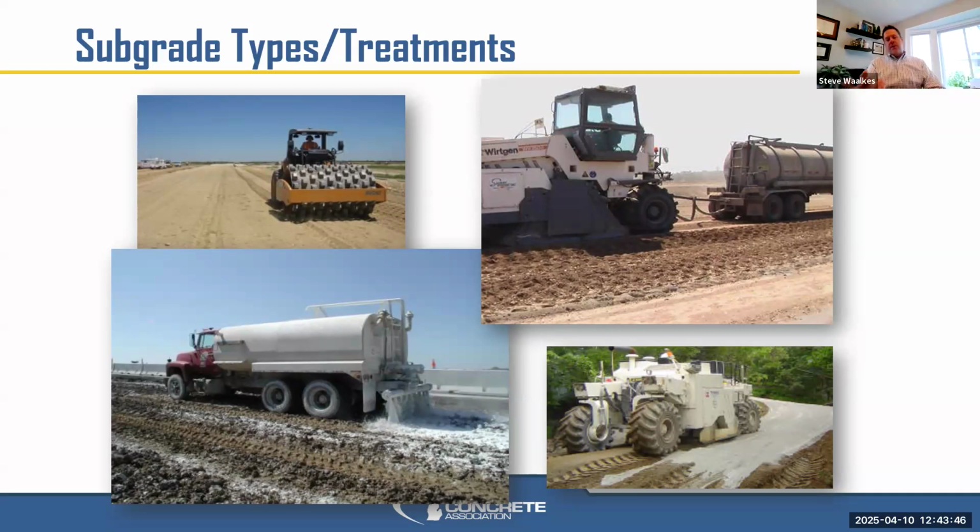Whether it's applied as a dry powder or a slurry, a pulverizer, mixer, or reclaimer comes in and mixes that in, and then it's compacted. There are options for that, but in general, standard subgrade treatments are typically done, or if you're in a sandy soil, that's good to go typically as your native subgrade.